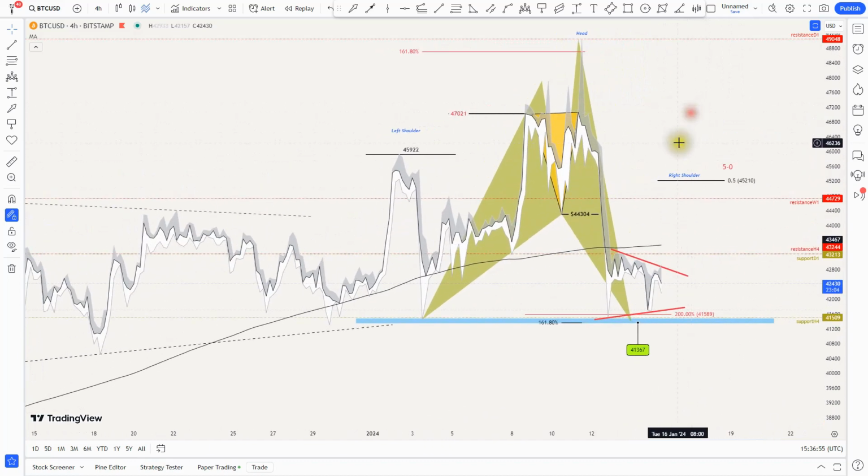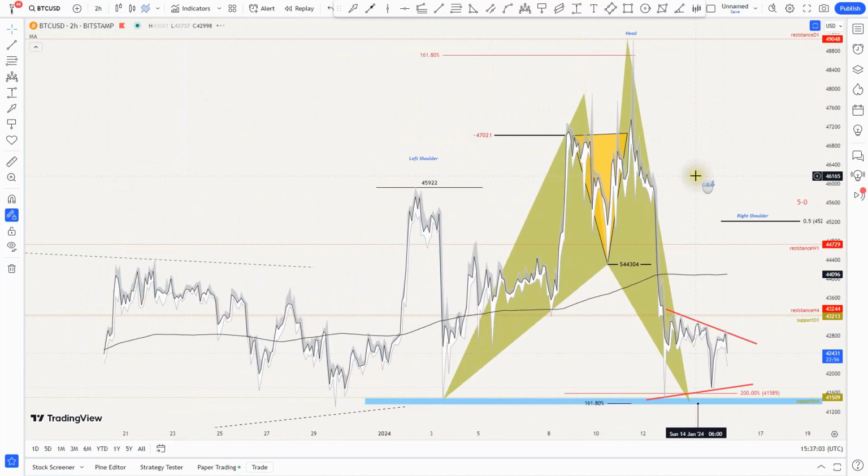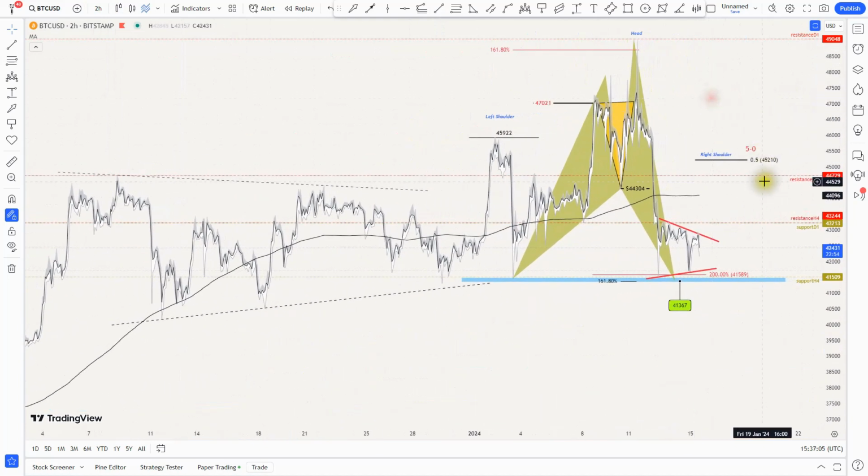But the price action may also suggest the formation of a head and shoulders pattern. In order for that pattern to start to unfold, we need to see an attempt of a recovery. To form the right shoulder, I believe we need to see at least an attempt to recover from these levels.